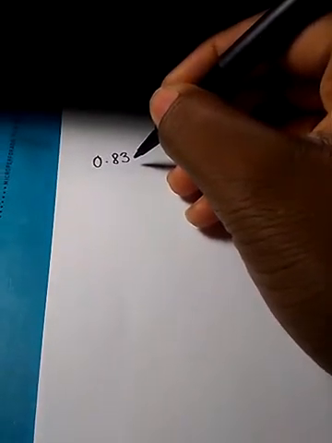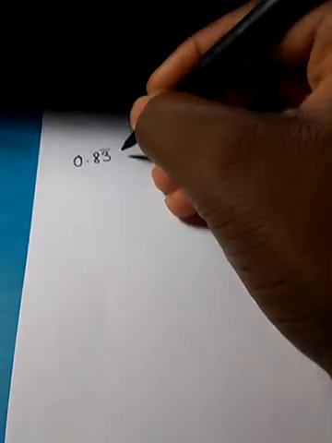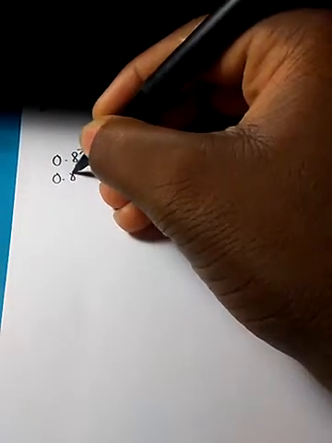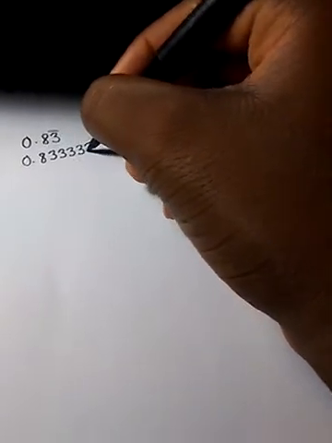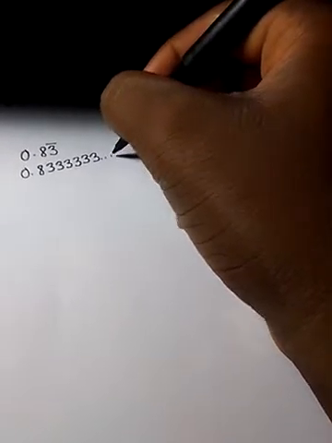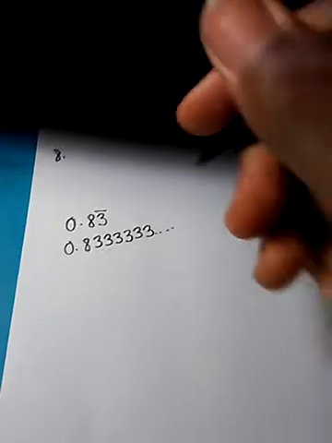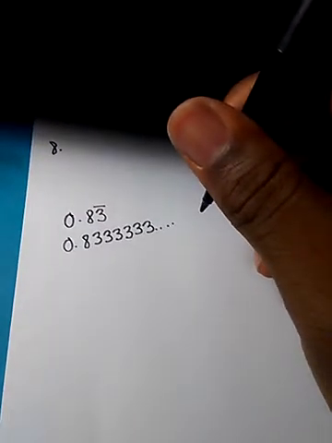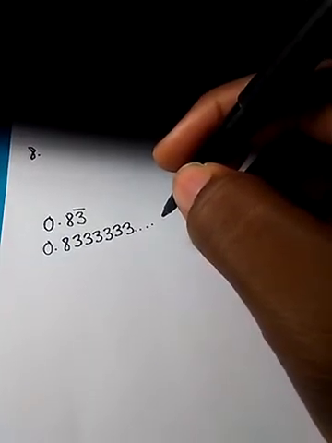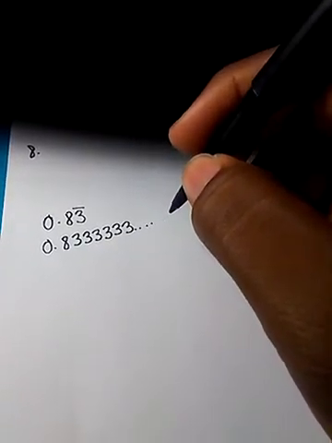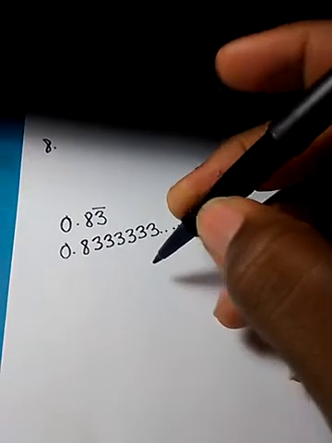Now, 0.83 actually has a line over it, meaning it's actually 0.83333333. And as we said before, a rational number repeats itself. So that checks out.